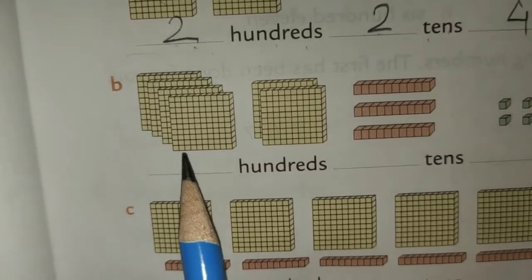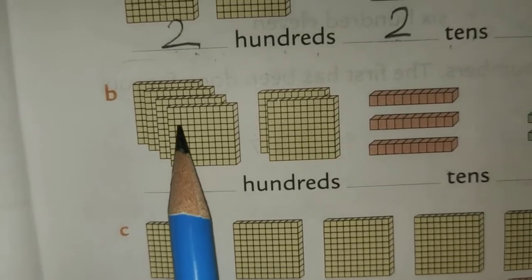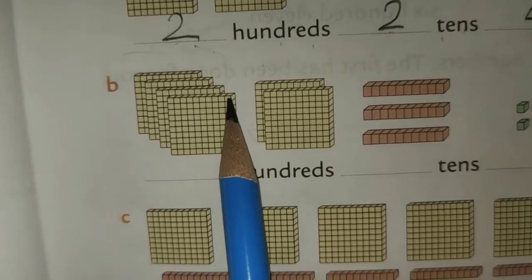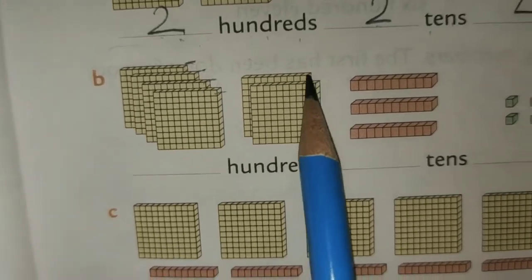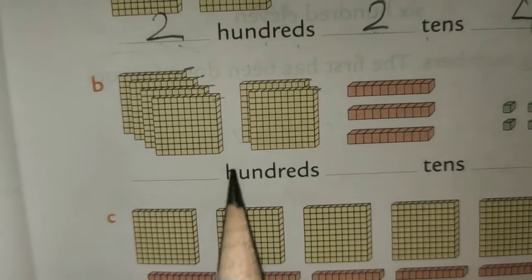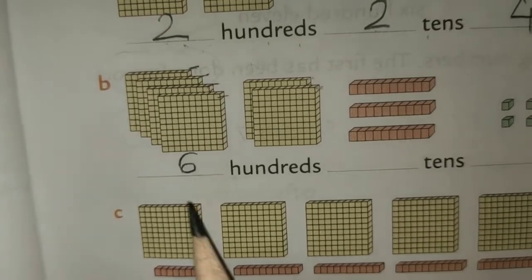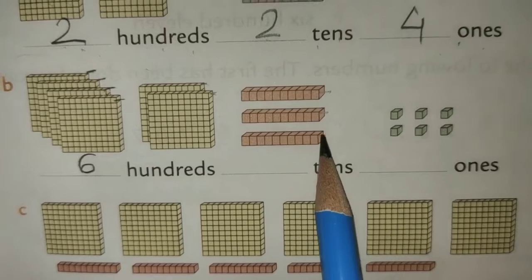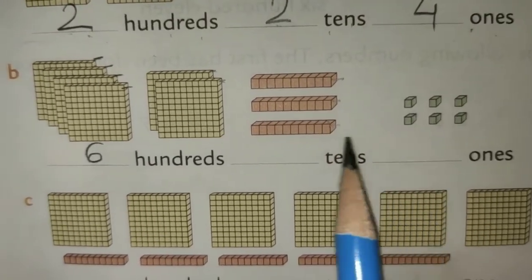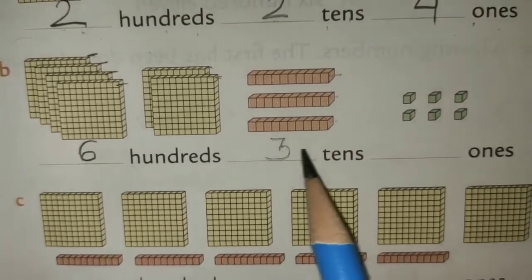Now you can see how many hundreds are given. Count it properly: 1, 2, 3, 4, 5 and 6. So it is 600. Now see the tens: 1, 2 and 3, so 3 tens.